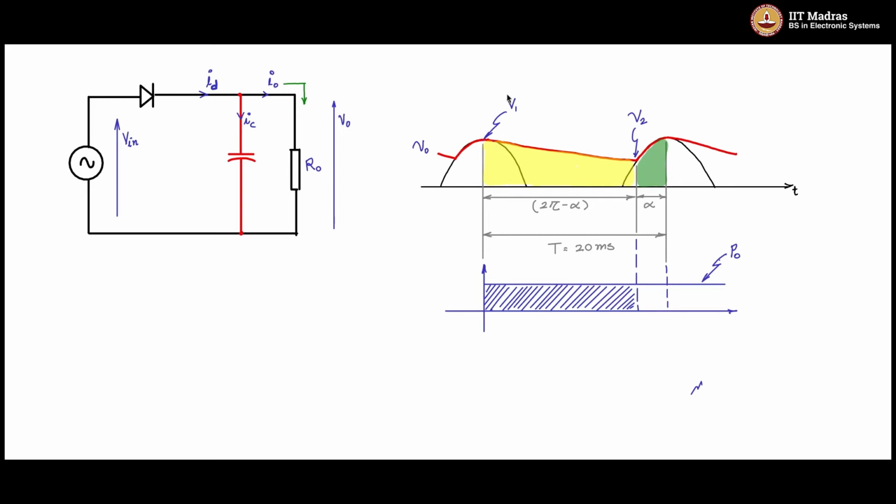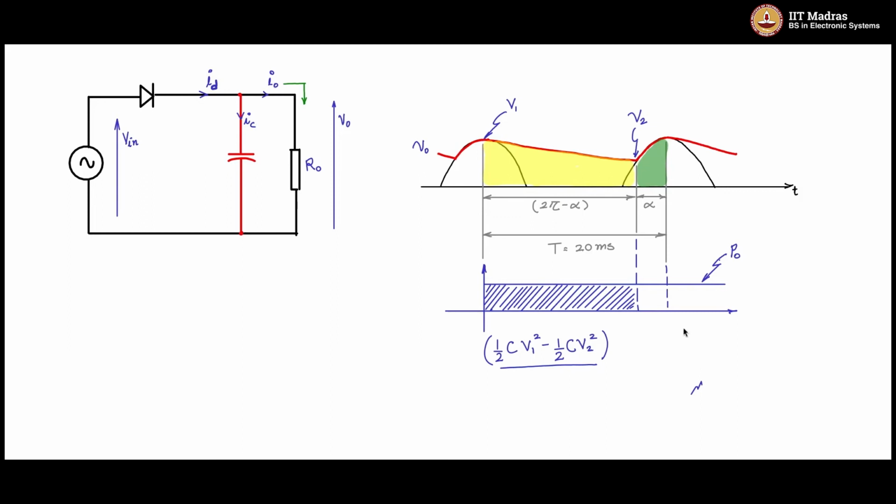The capacitor started off with energy half C V1 square, then ended up with energy half C V2 square. So half C V1 square minus half C V2 square is the amount of energy that is given to the load, and that would correspond to this.